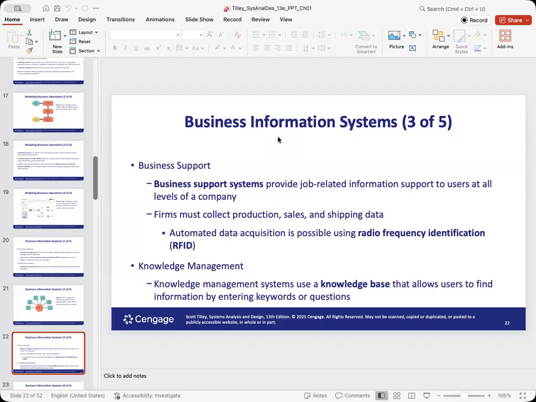You may have an idea of what you are looking for, so you just type the keywords of the idea you want, and then the system will bring forth the information you are looking for. That is what we term a knowledge-based management system or knowledge management system. Okay. Any question on that?